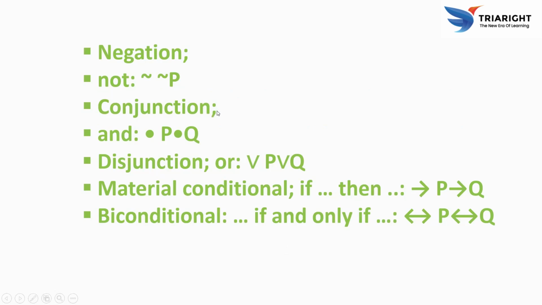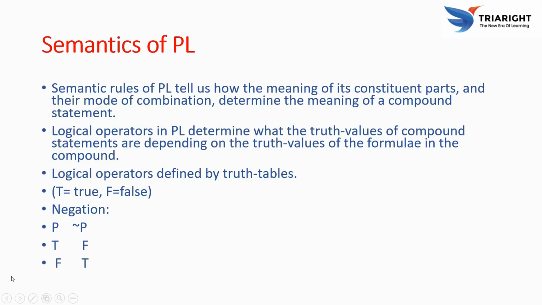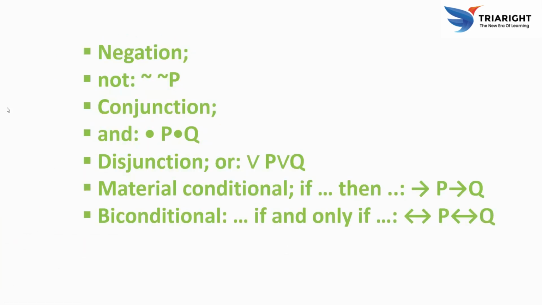Negation is nothing but the opposite of P. So if the value of P is true, then not P should be false. Okay. Then conjunction. Conjunction is nothing but and. We have two statements here.